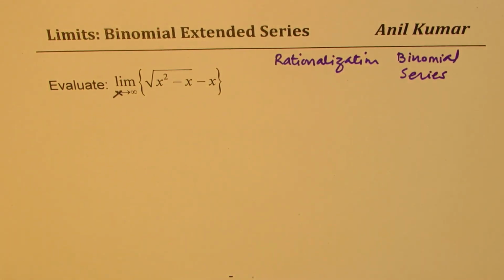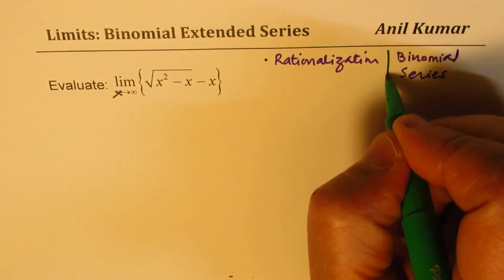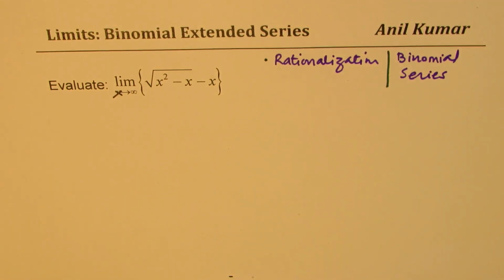Now this is a relatively simple question, and therefore it can actually be solved by rationalization also. At times you might get very difficult questions where binomial series will be a much better option.